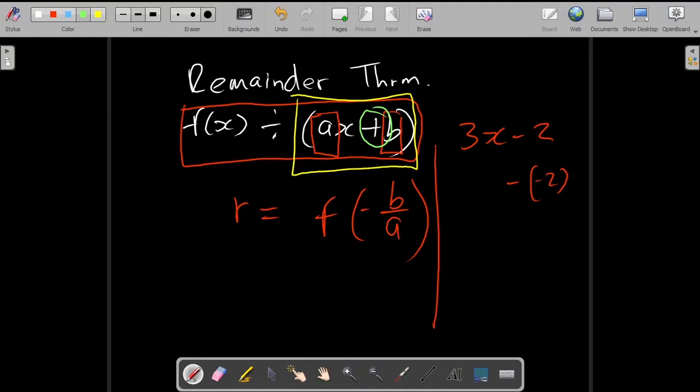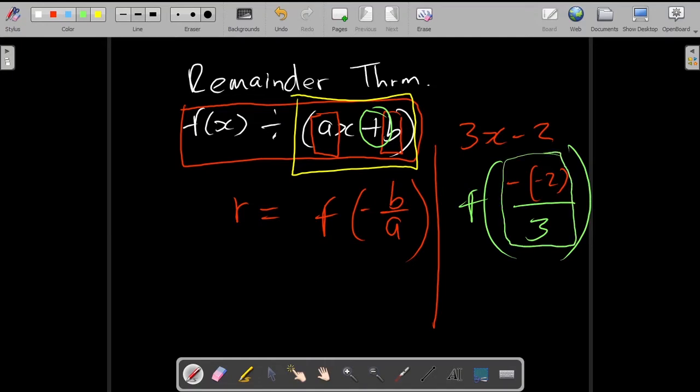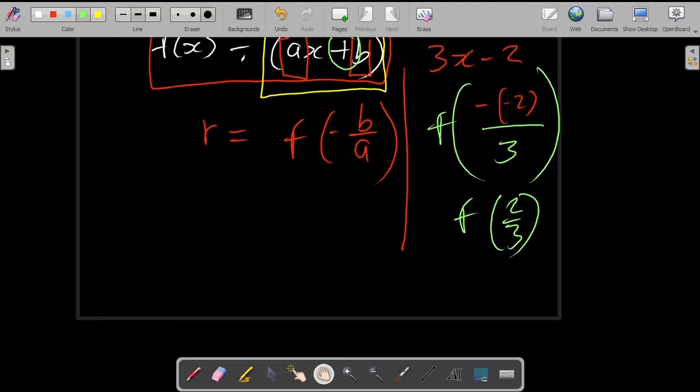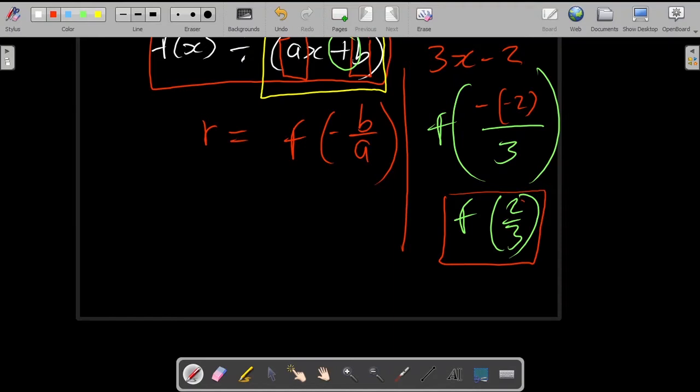Then you take the coefficient of x, in this case 3. That value is what you substitute into f of x, so the result will be f of 2/3. This means that wherever you see x in your f function, you substitute this value, and after substituting you should get some value, which is your remainder. That is the basic principle of the remainder theorem.